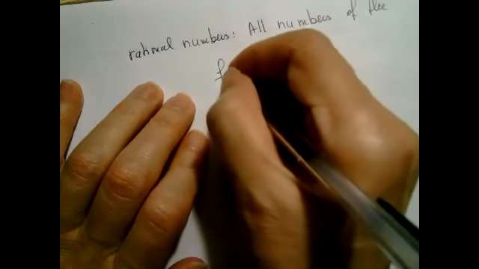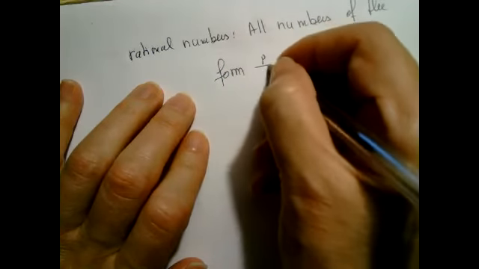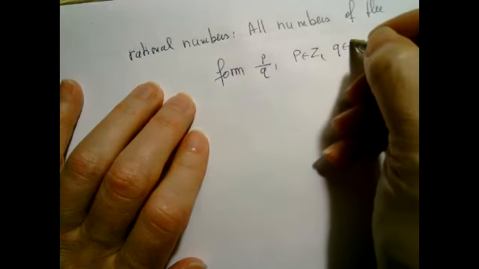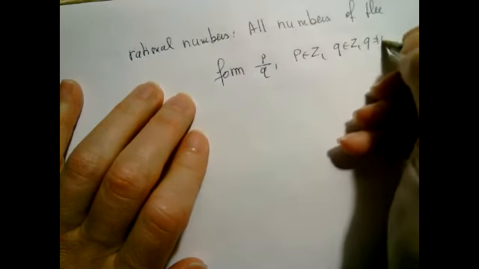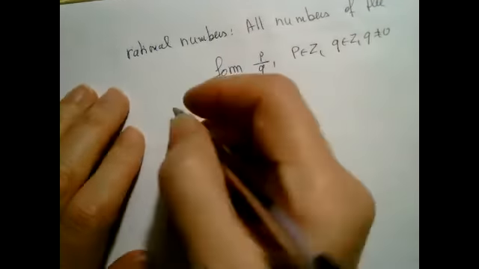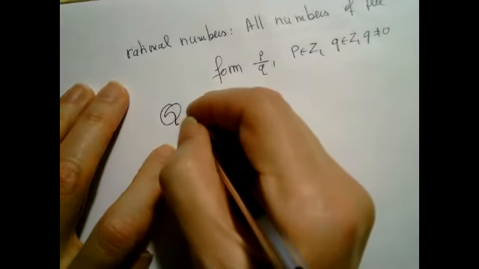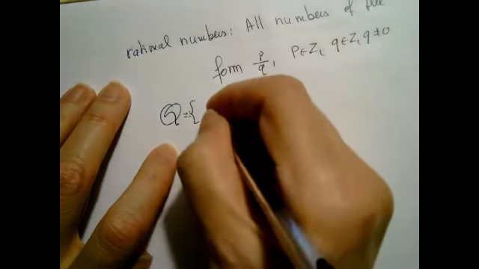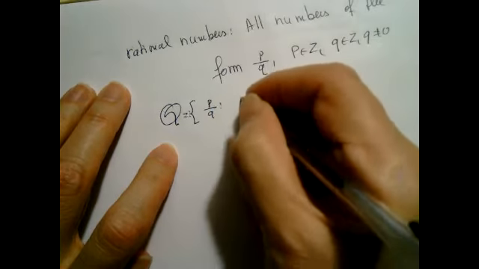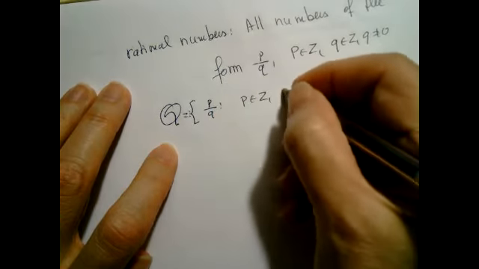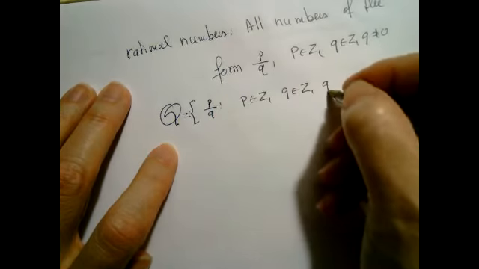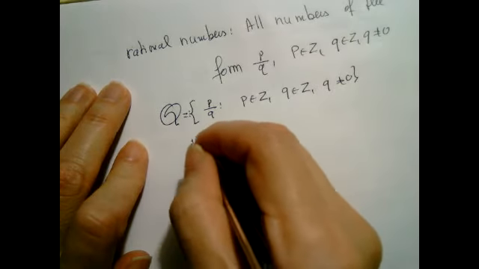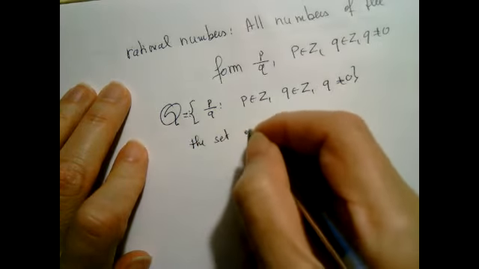Crucial. And we actually gave them a letter, we call it Q. Q is the set of all p over q, where p in Z, q in Z, q non-zero. Or all the rational numbers.